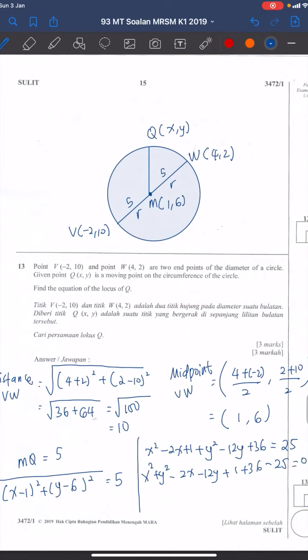So simplify X square plus Y square minus 2X minus 12Y plus 12 equals to 0. Okay, so that's it for number 13.